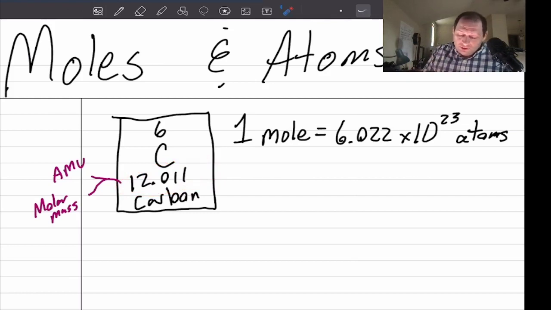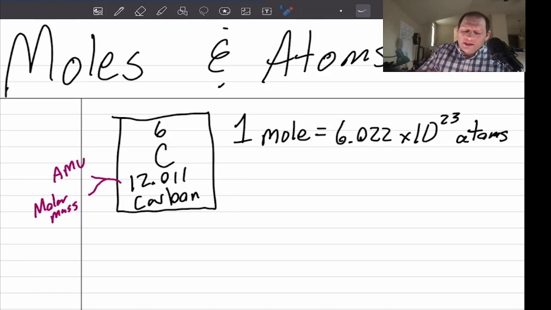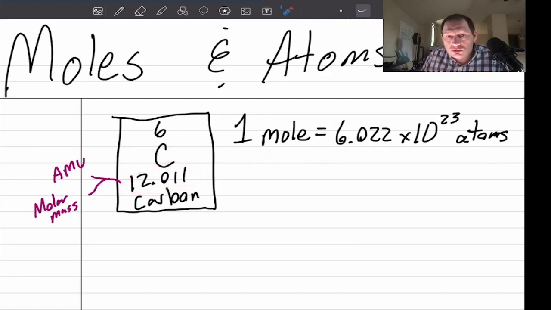All right. So this is molar mass. It means if I have 12 grams of carbon, I have 1 mole of carbon, or this many atoms of carbon. Now let's say I had half a mole, which means I would have half of this, or 6 grams. All right.